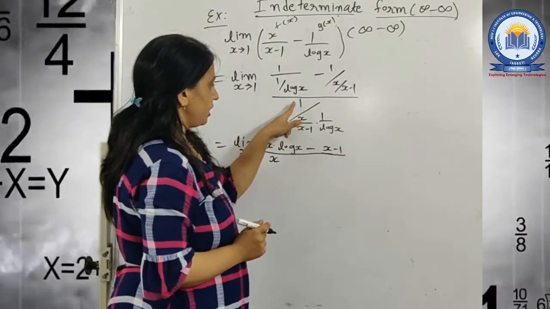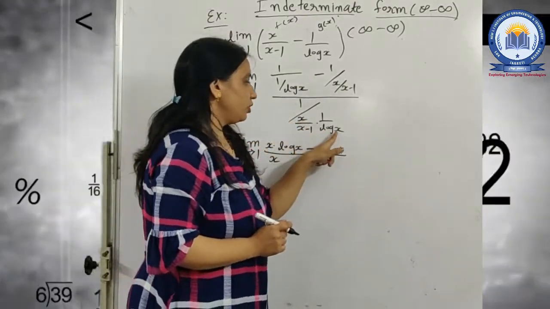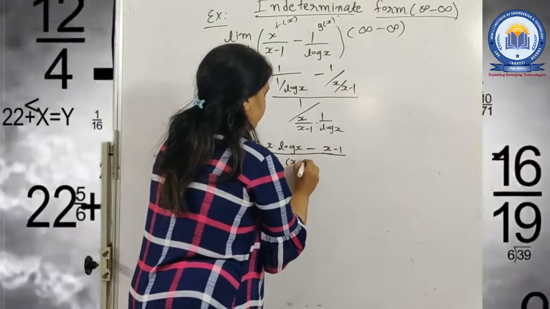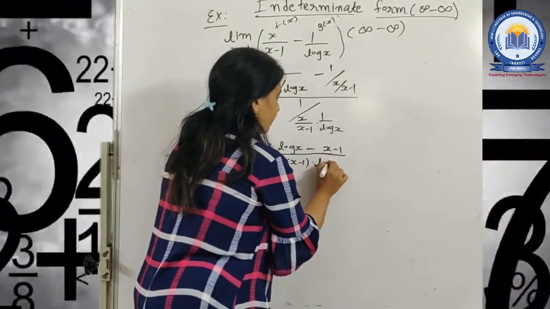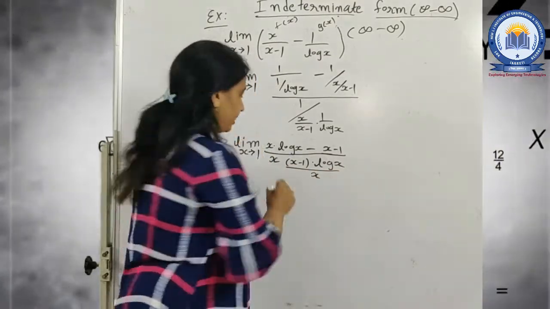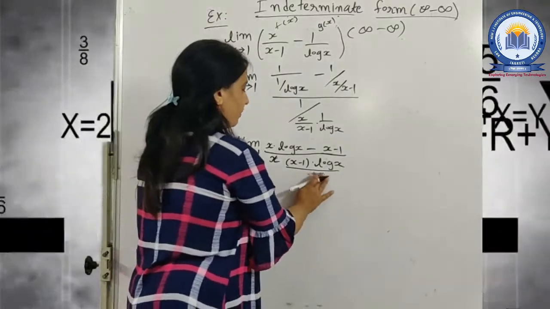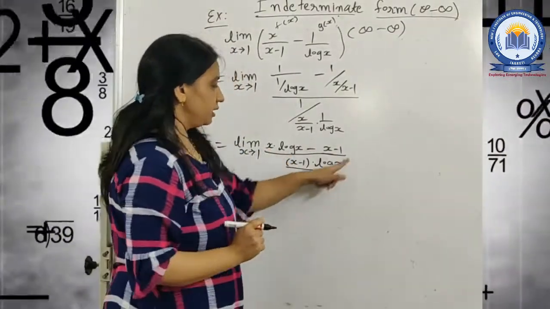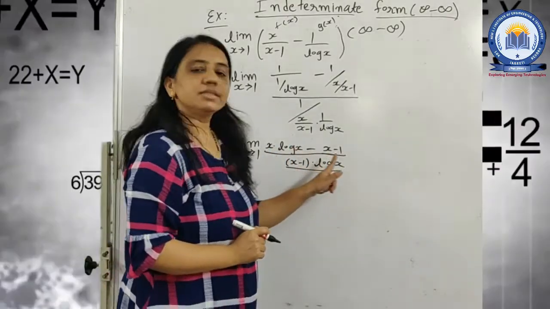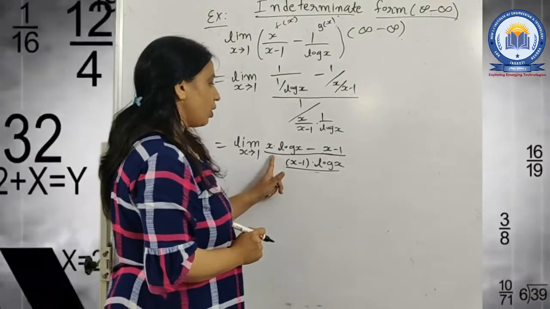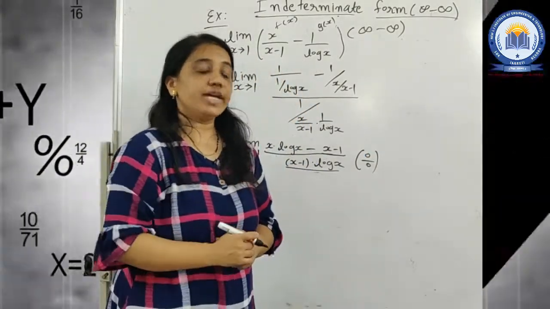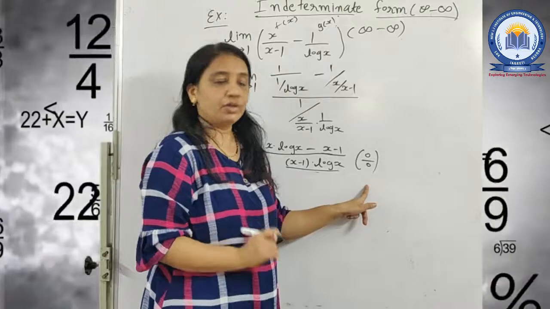Now for this 1 upon f(x) into g(x), that can be rewritten as (x minus 1) into log x upon x. This x can be cancelled out. Now if you put x equal to 1 into this equation, it will give you a 0 by 0 form. So now we can apply L'Hospital rule.